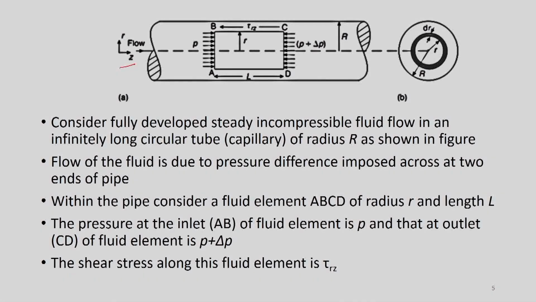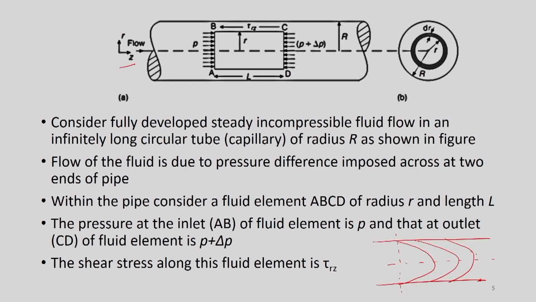That is what we mean by fully developed flow. Or otherwise, let us take the case of a parabolic profile for a Newtonian fluid. If the flow is fully developed, at any location in the flow direction the profile, if you plot it, will always be parabolic like this; it will not change.